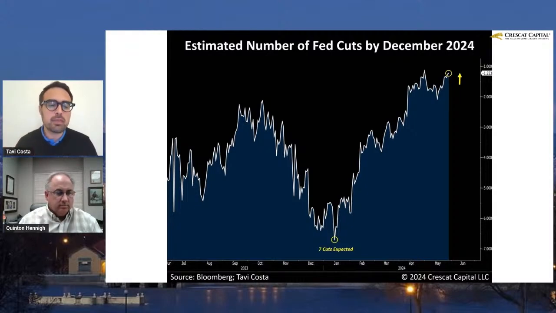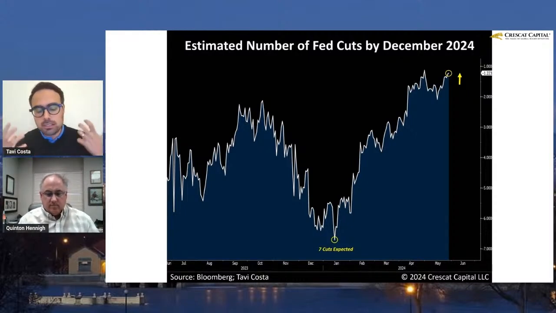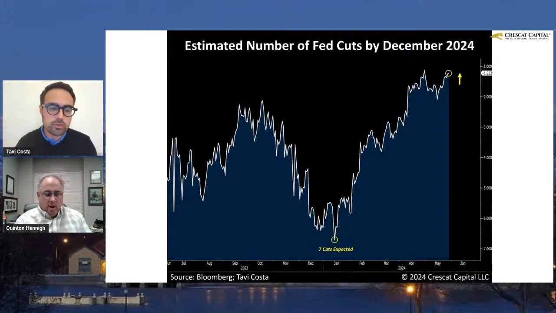So we basically went from, we're going to see a full recession, we're going to see lots of Fed cuts, to now it's not as bad, and that speaks to me about complacency and also the risk of not only elections and all sorts of things that are happening in the treasury curve.